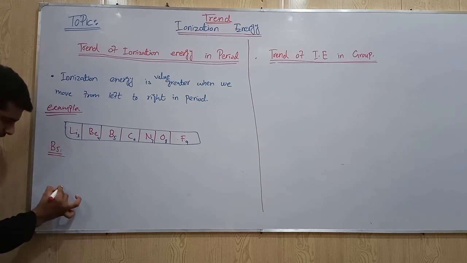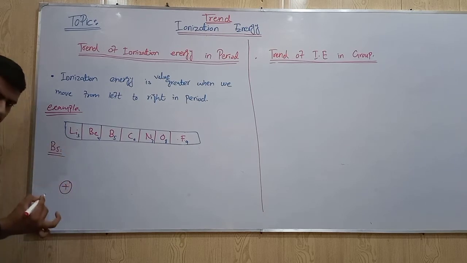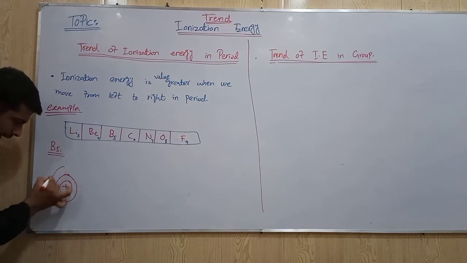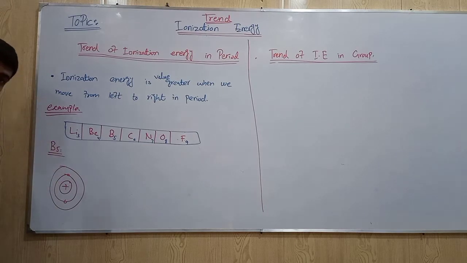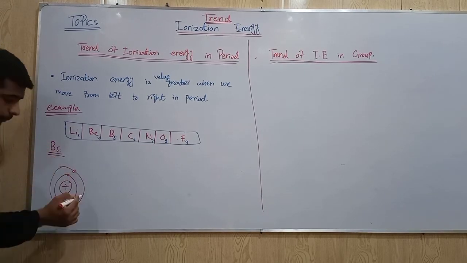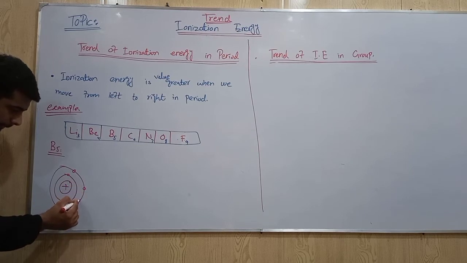Boron, B 5: at the center is the nucleus of an atom, and the first shell has 2 electrons and the second shell can hold a total of 8 electrons, but boron has 3 electrons in it because its atomic number is 5.